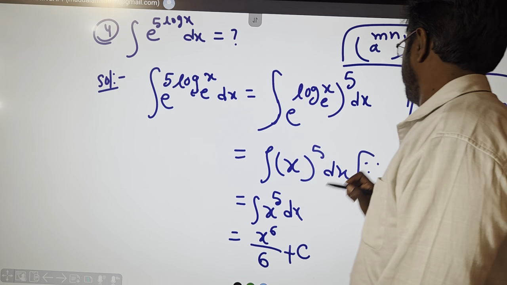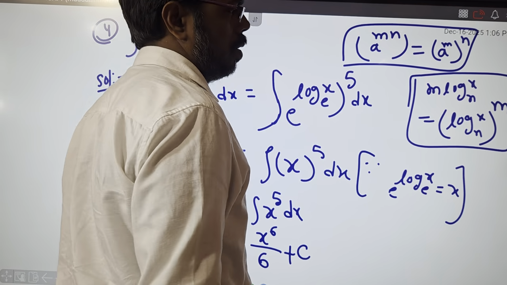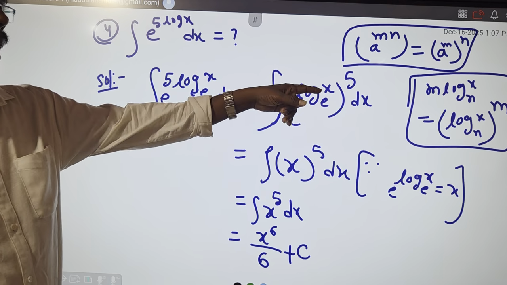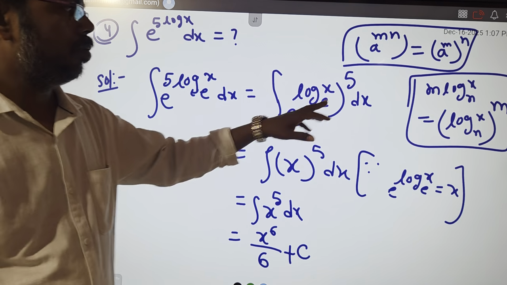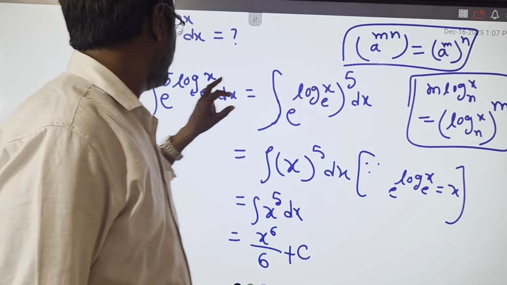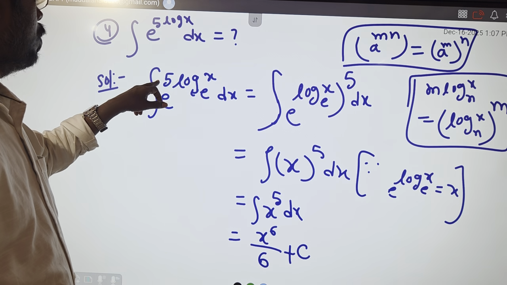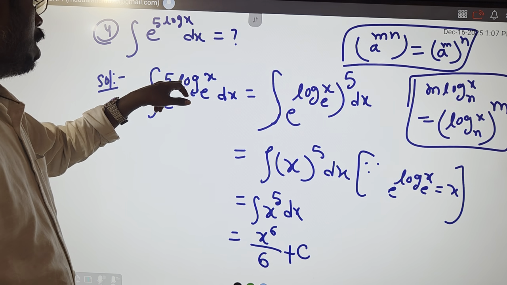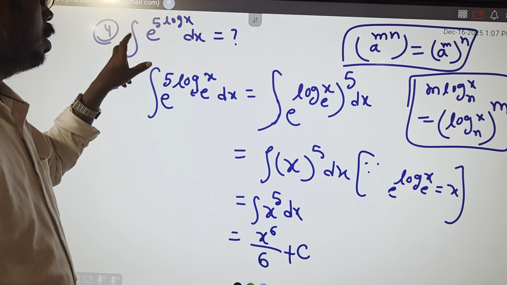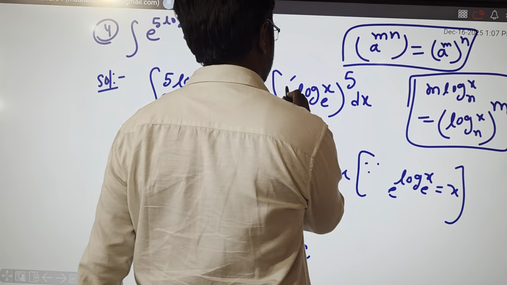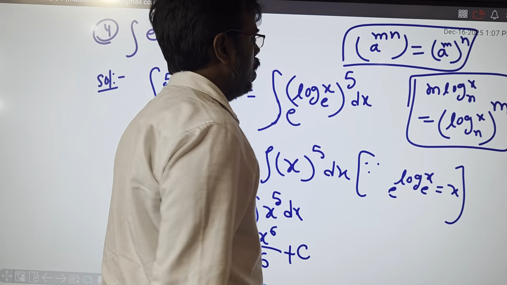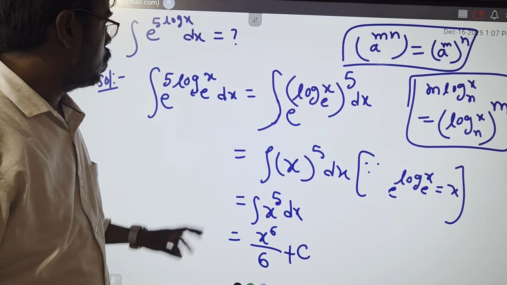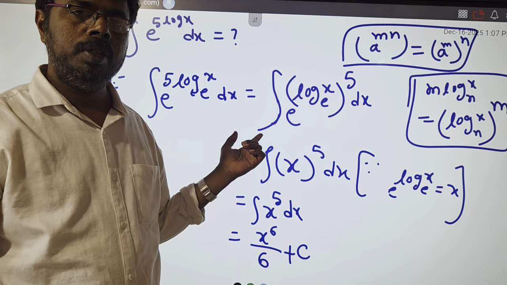This is an application of algebra to logarithmic functions. Whatever I applied here, the coefficient 5 in 5 log x to the base e is taken to the power, by using this property. So easily we can solve this kind of problem.